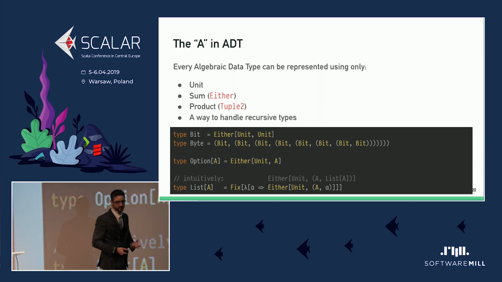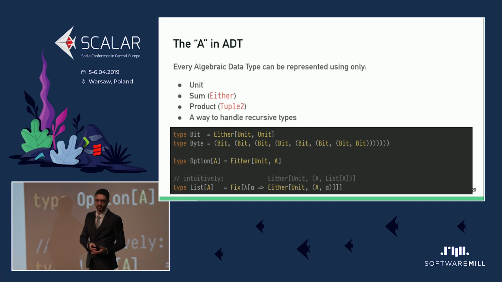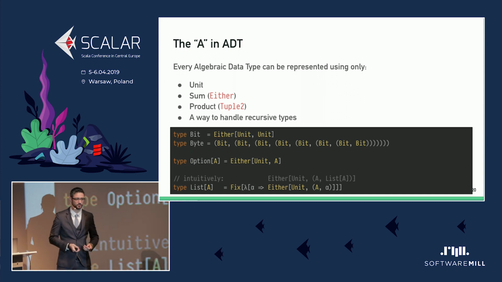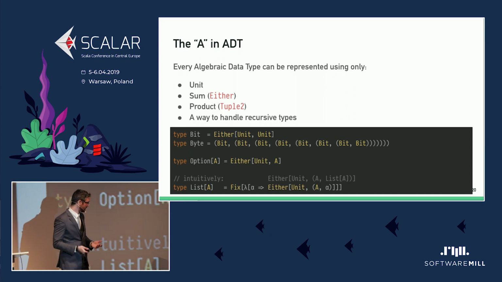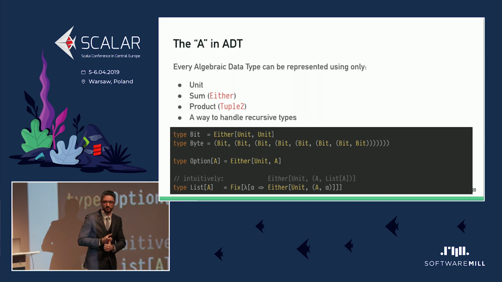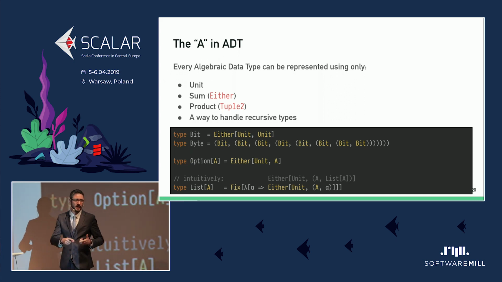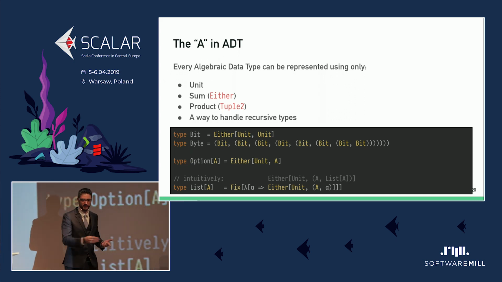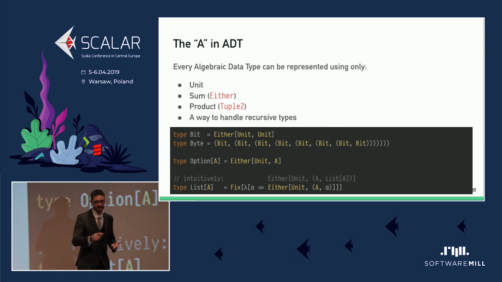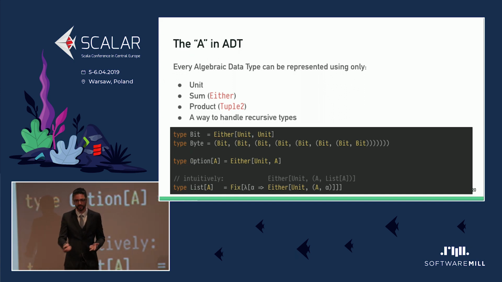You can convince yourself by just counting the inhabitants of these types and make sure that it matches with what you're trying to represent. For example, you need to know that unit has only 1 inhabitant, of course, it's unit. A sum has as many inhabitants as its 2 branches, and a product has as many inhabitants as the multiplication of the inhabitants in its 2 branches.